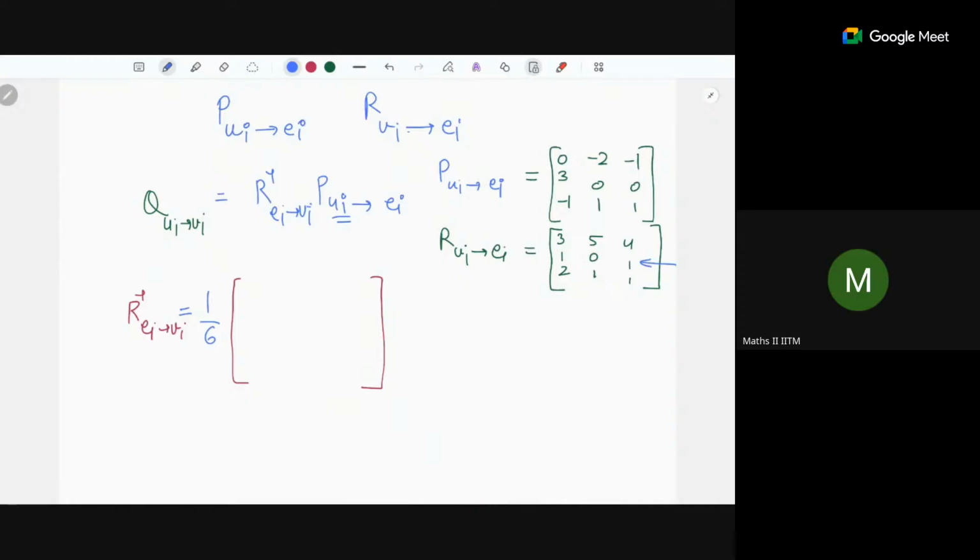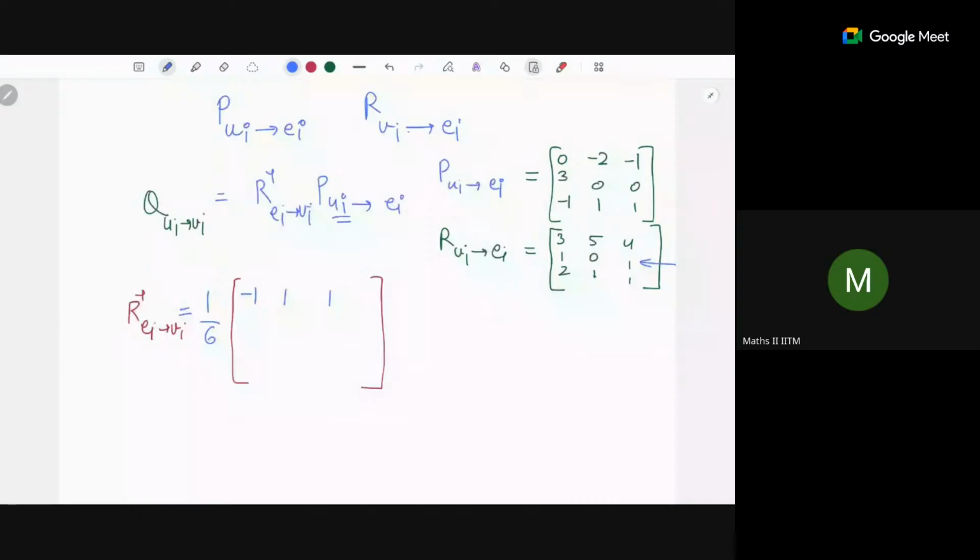Okay, now the adjoint, the cofactor matrix. So that means the cofactor of 3 is minus 1. Cofactor of 5 is 1 minus 2. Minus 1 plus 1, 4, 1, 0.